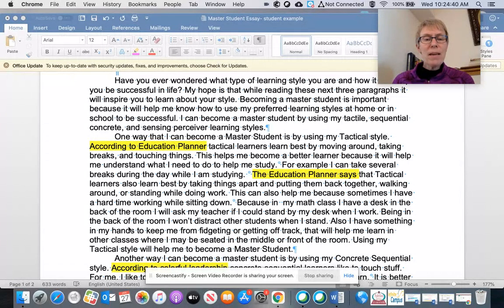Being in the back of the room, I won't distract other students when I stand. Also, I have something in my hands to keep me from fidgeting or getting off track. That will help me learn in other classes where I may be seated in the middle or the front of the room. Using my tactile style will help me to become a master student."